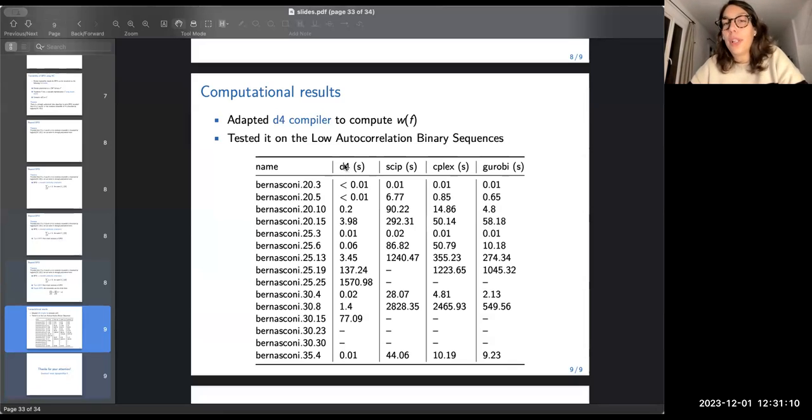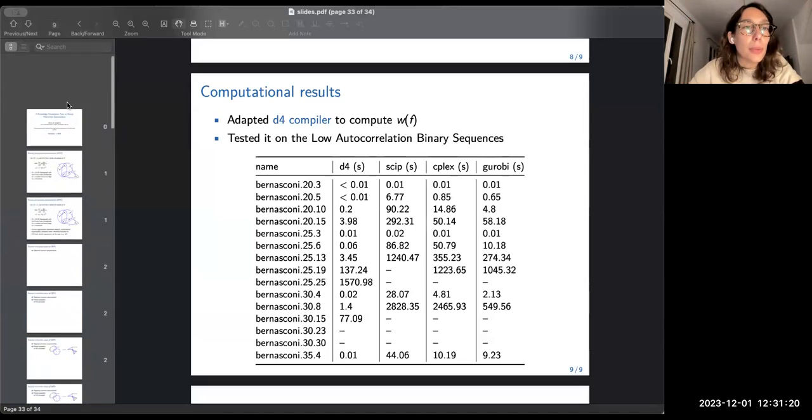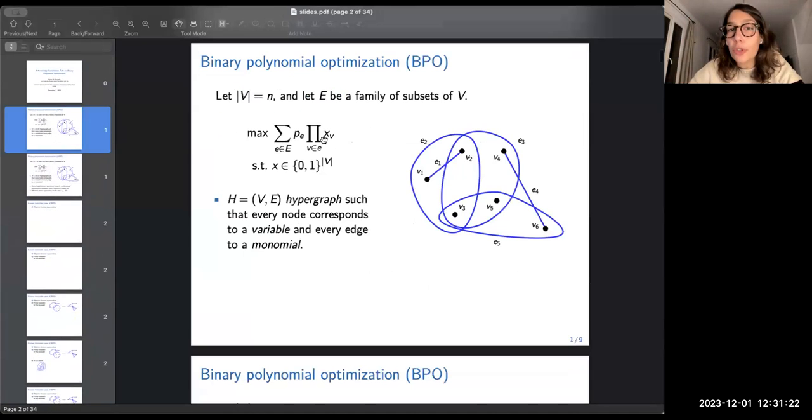So to D4 we give the CNF formula, and to SCIP, CPLEX and Gurobi we give the ILP, where we introduce one variable for each monomial, and then we relax the equality constraint that defines it.